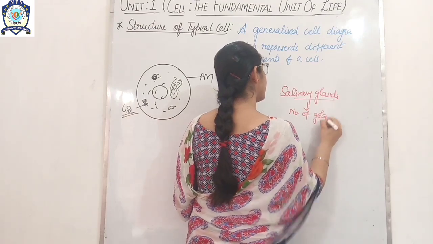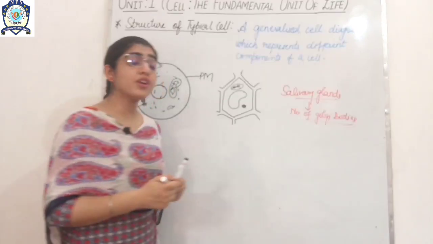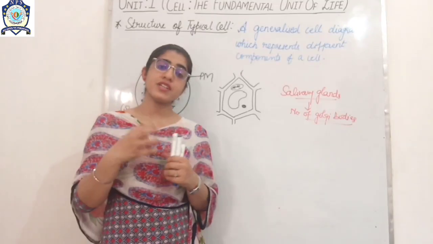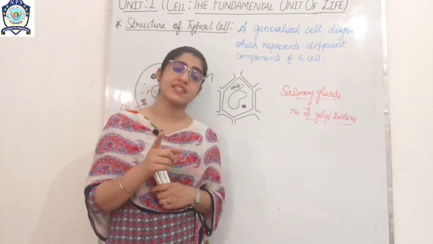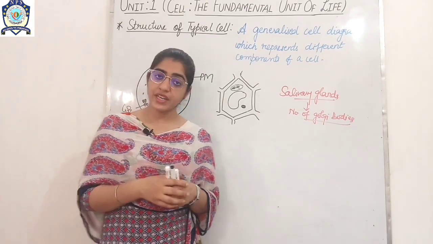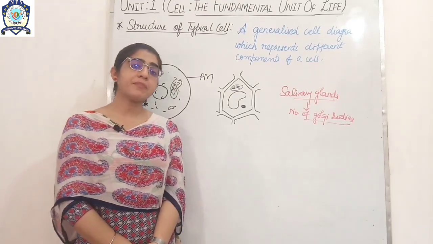In that case there are more Golgi bodies. So the number of Golgi bodies is more, that's why the function of the salivary gland is secretion. Okay, so this is about the exact meaning of a typical cell.